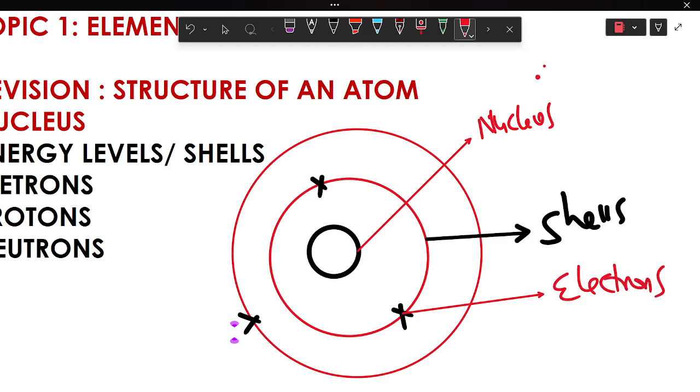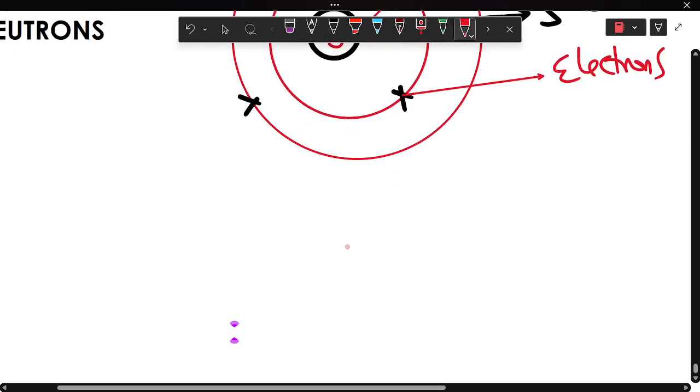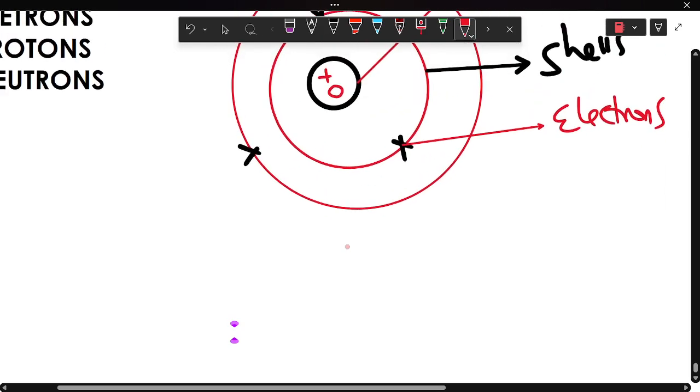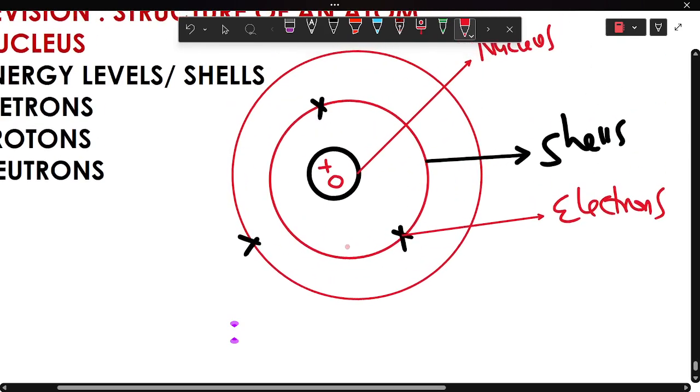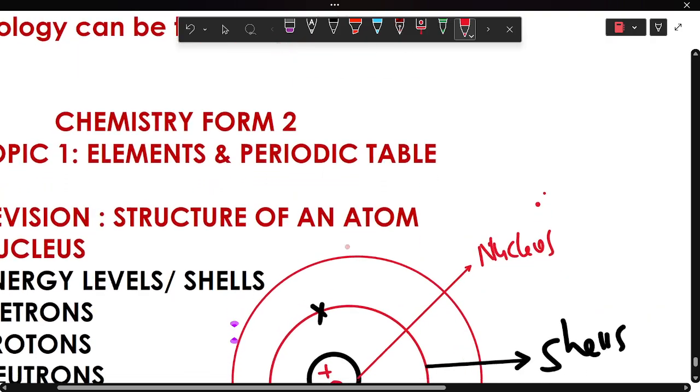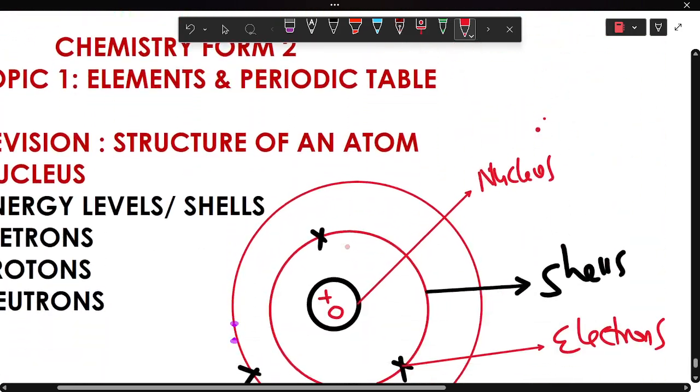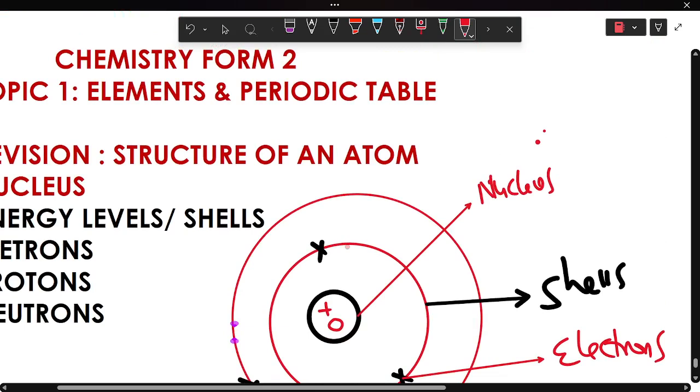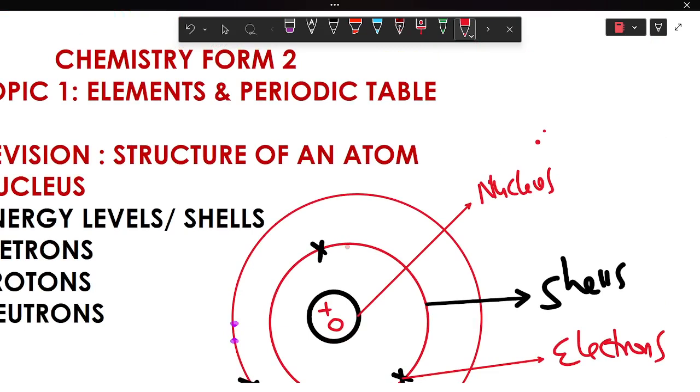And of course here you have the protons and the neutrons, right? Neutrons have got a charge of zero, while protons have got a positive charge. Normally the electrons move in the energy levels or the shells, right?